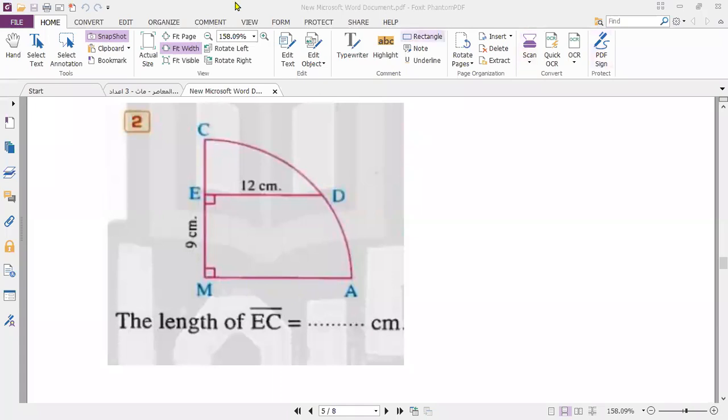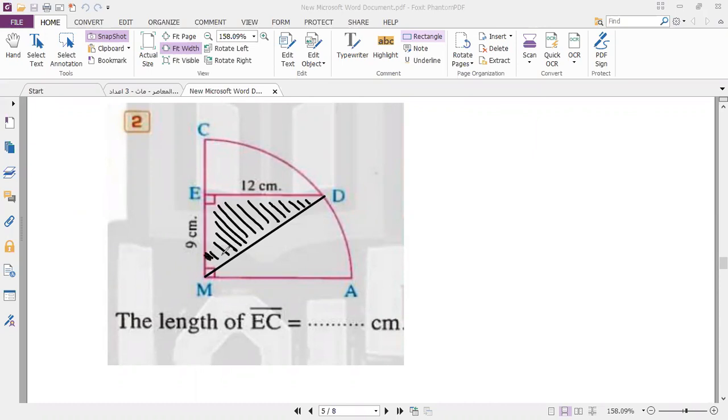I want to get the length of AC here. So how can we get the length of AC? We are going to do a construction. We're going to draw MD. And this triangle is a right triangle.